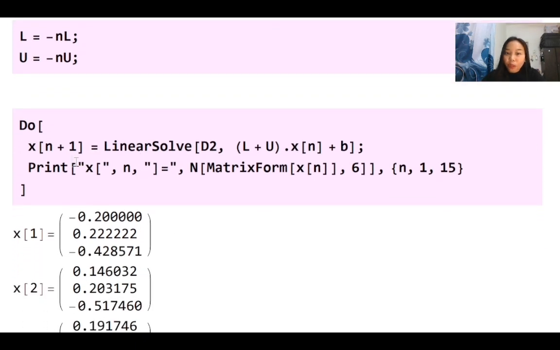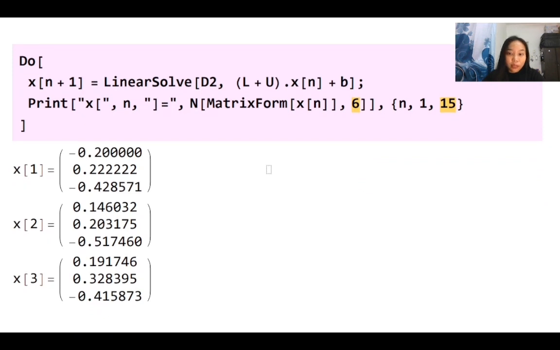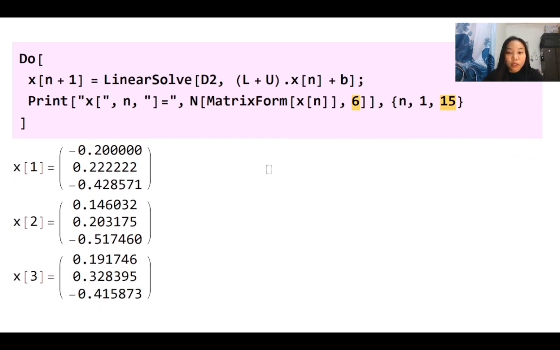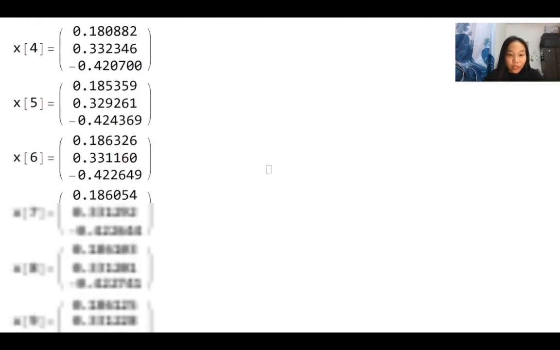Next, we input the following code, and we need to note that we're going to get 6 decimal places, so we put 6 here for the matrix form xn, and we're going to iterate until 15, so we input 15 here. Finally, after pressing Shift plus Enter, we get the display of iterations until 15.